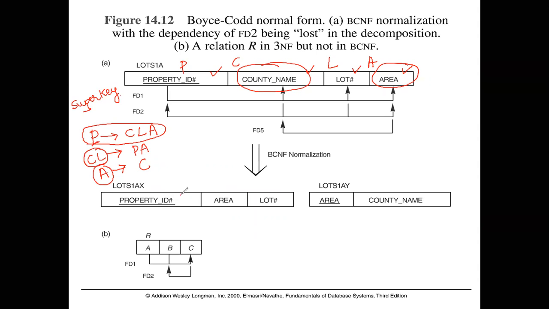So property ID, area, location, and area and country name on the other side. Now for a given property, will we get its country name? Yes, via area we can get its country name. So no information is lost over here.